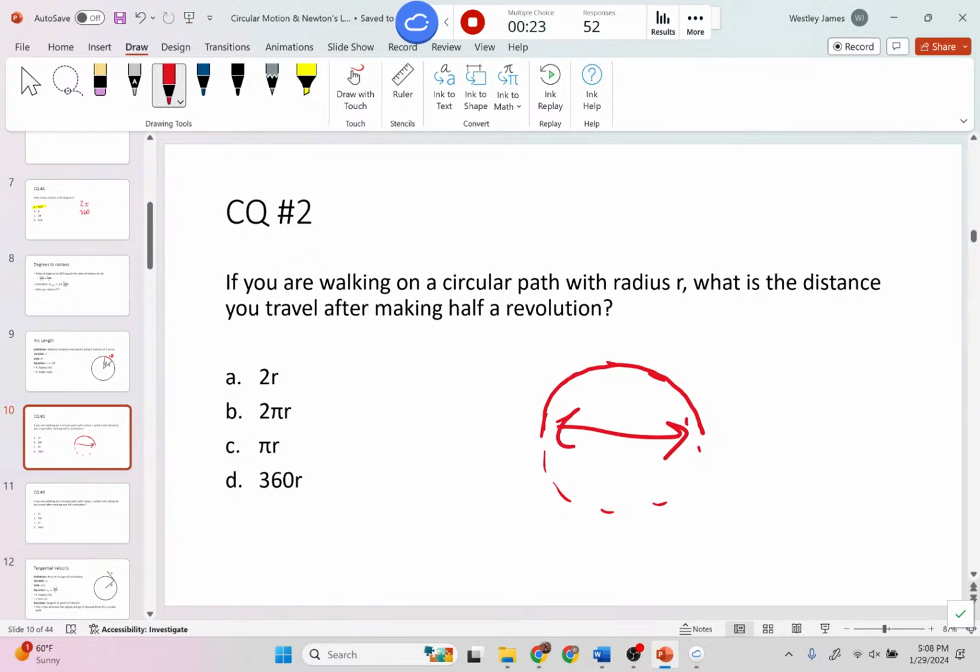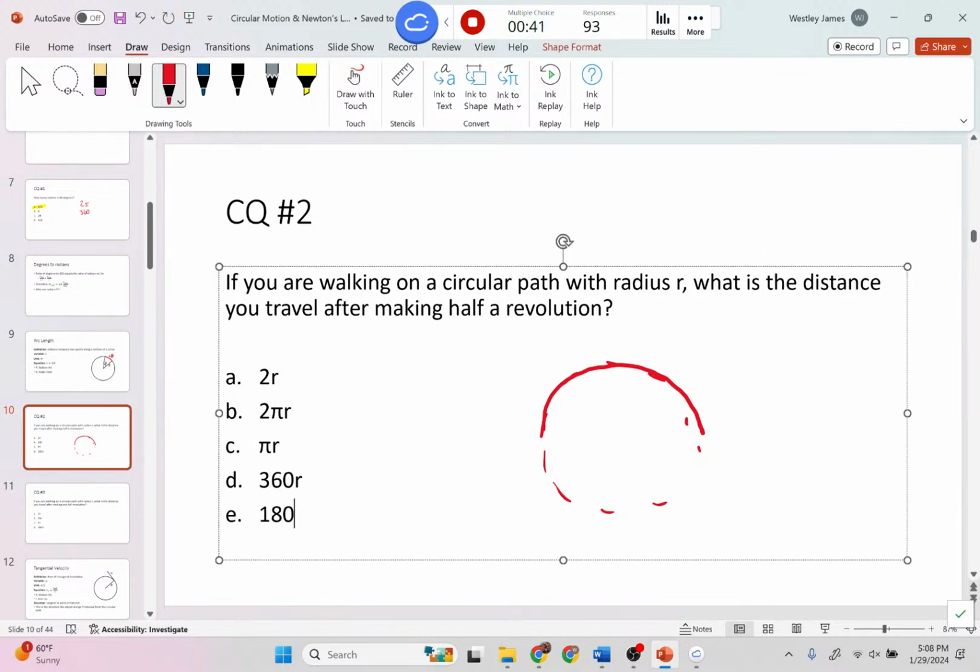Displacement would be just straight across, where you start and where you end. I'm asking for distance. Is it 2r, 2 pi r, or 360r? Or, to really confuse some people, is it 180r? Did I add that because it's the right answer, or did I add it to confuse you? We'll find out.